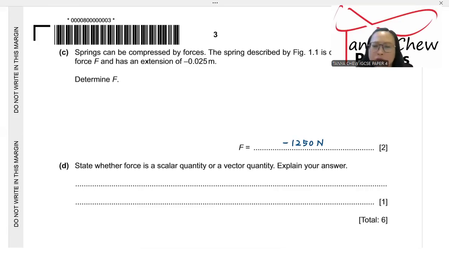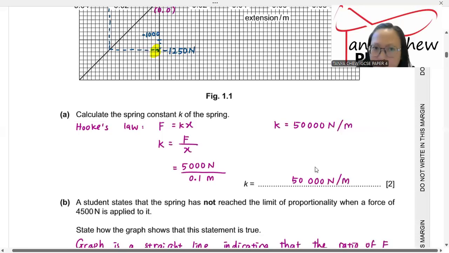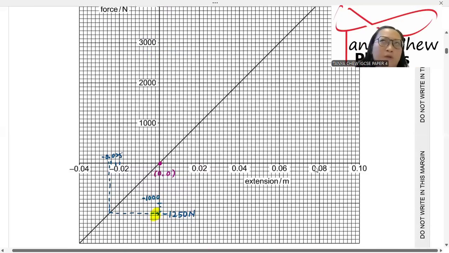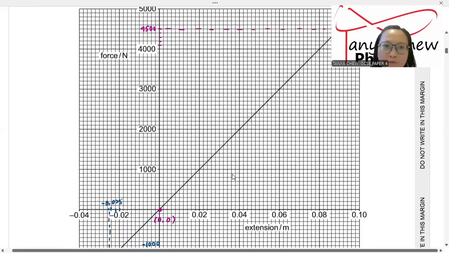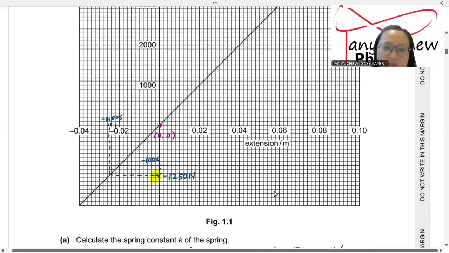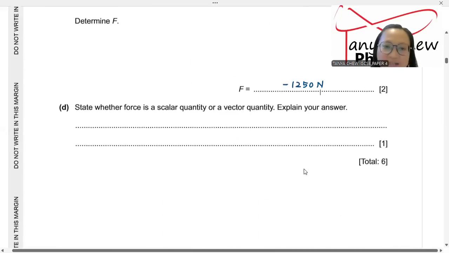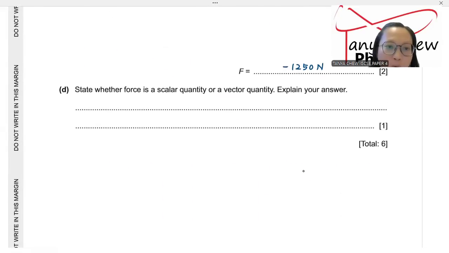Explain your answer. So you could see that I indicated my force as negative, and you could see from the graph, if you're blank and you don't know whether this is a scalar or a vector quantity, you look at the negative and positive signs. Some of the forces are positive and some of the forces are negative. So that indicates that force is a vector quantity.